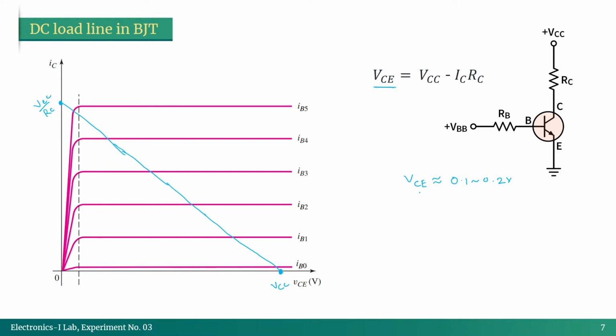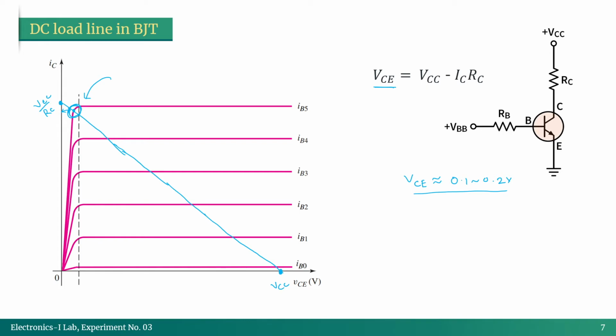Okay, so that's why there's a gap here, and that's why we are going to get this point here in our practical implementation. So there will be some VCE value, so we are going to get this point for the on condition when we are giving base voltage as 5 volt.